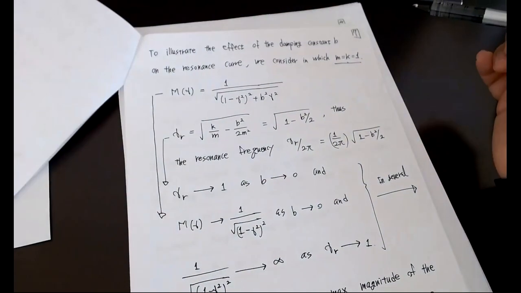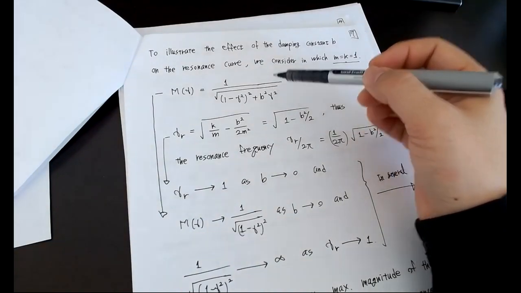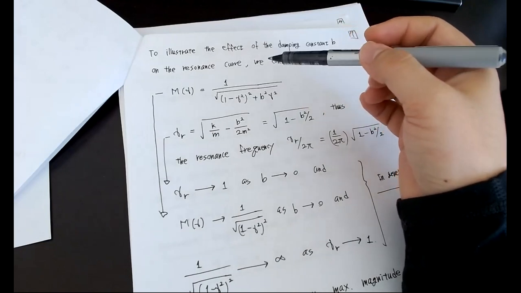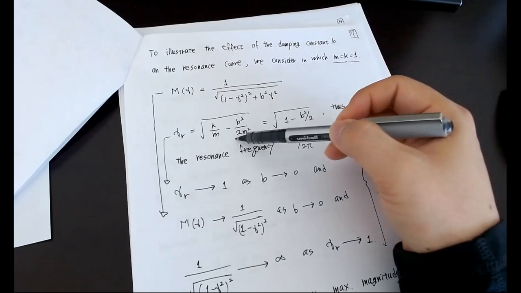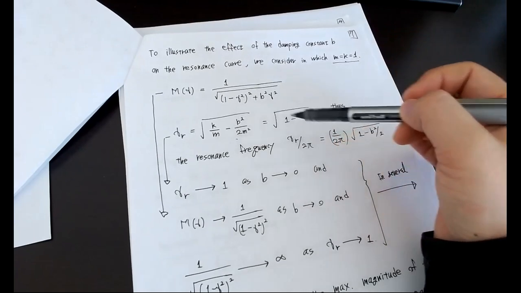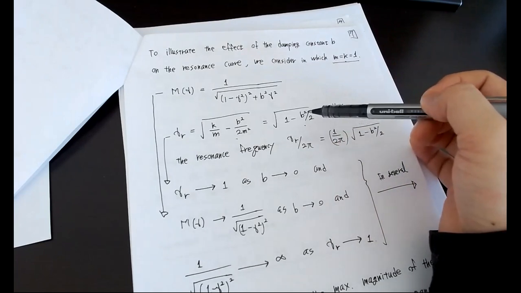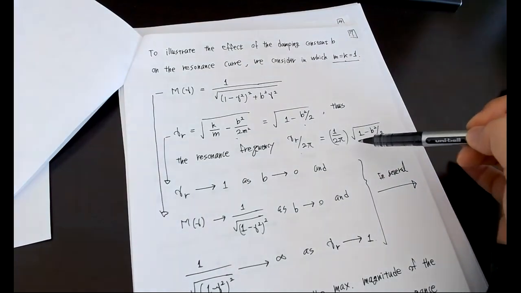This also has its maximum at gamma sub r, and substituting 1 into m and k, we get this. The resonance frequency is gamma r over 2 pi, which is this.